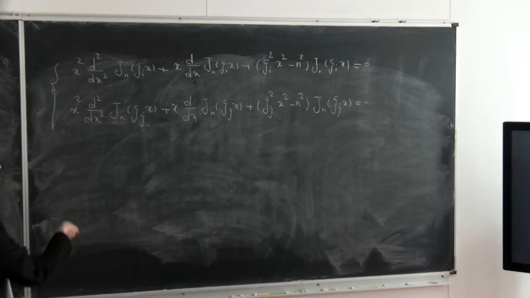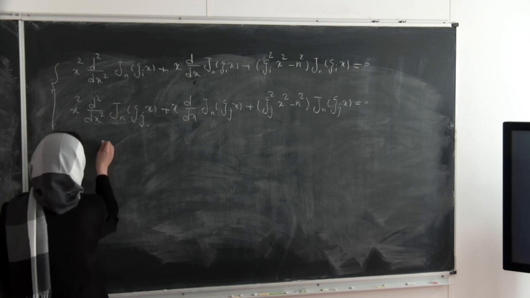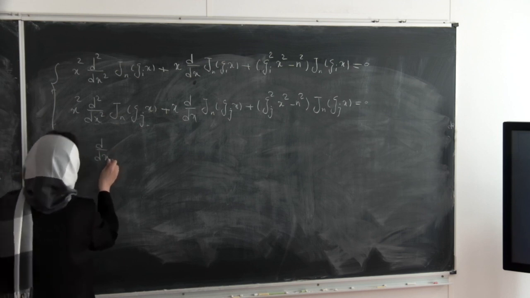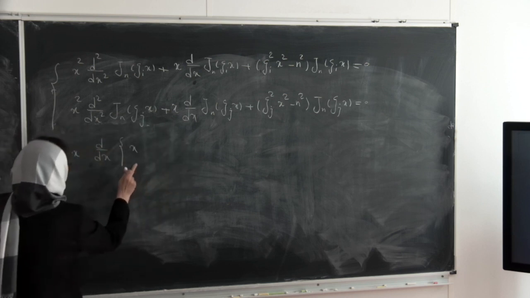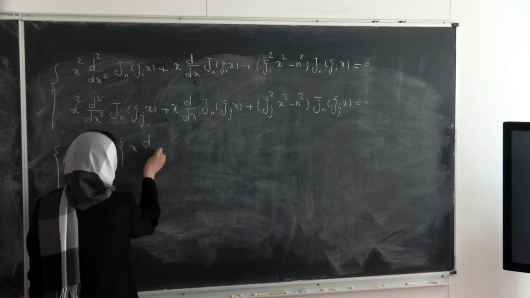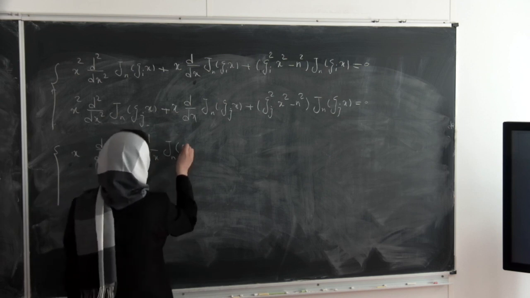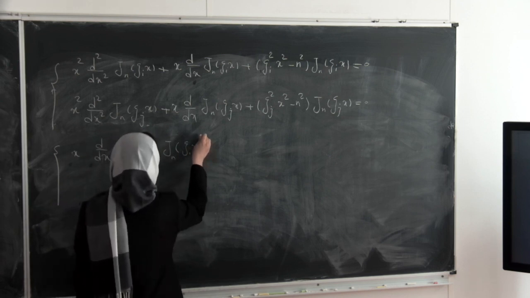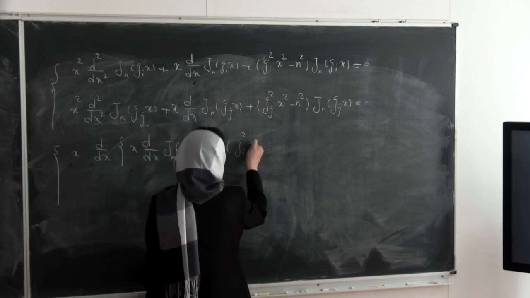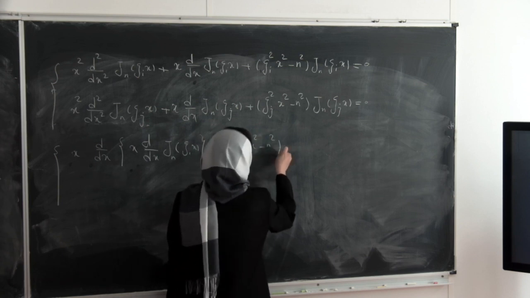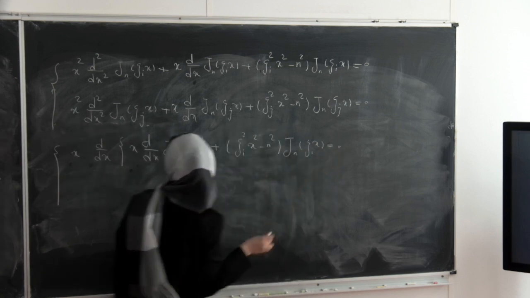We can write this equation as this equation: x times the derivative of x times the derivative of the Bessel function of order n of chi i x plus chi i squared x squared minus n squared, Jn of chi i x equals 0.